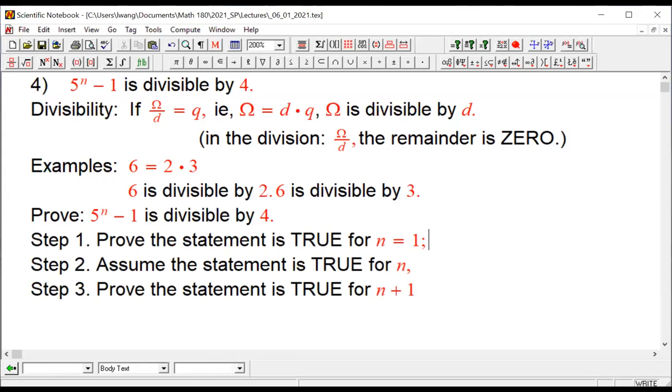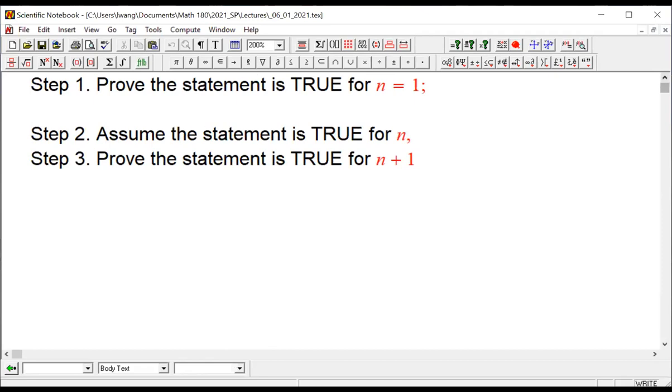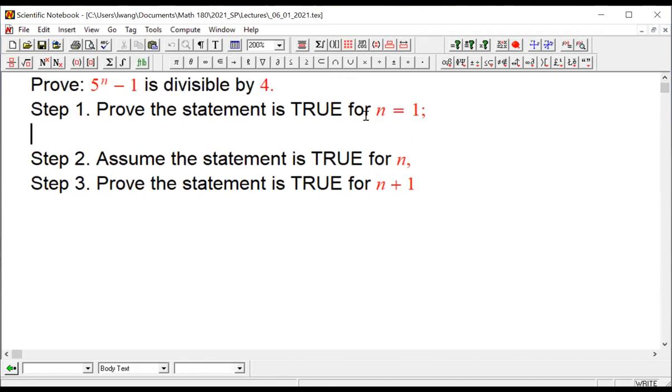The first step, we have to prove it. For n equals 1, 5 to the power of n, when n equals 1, equals 4. 4 is obviously divisible by 4, right? 4 is divisible by 4.